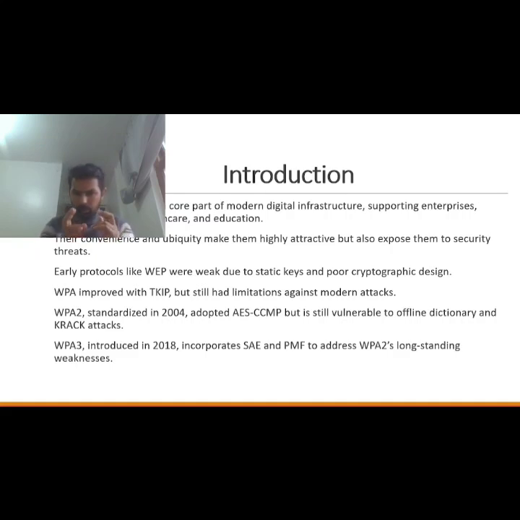WPA3 uses two mechanisms. The first question: why use WPA3? Which vulnerabilities occur in WPA2? WPA2 was adopted in 2004. It used the Advanced Encryption Standard, but it is vulnerable to offline dictionary attacks.